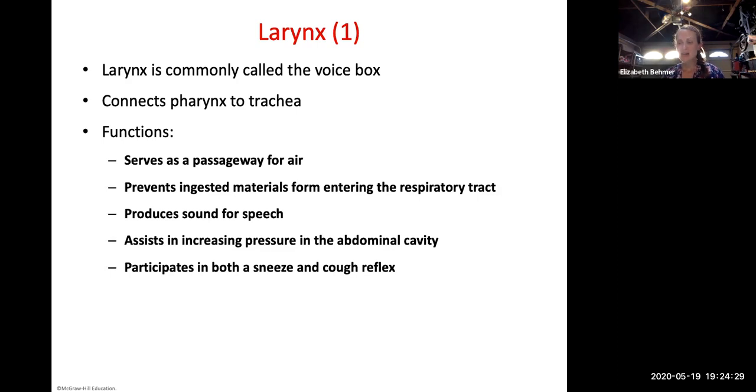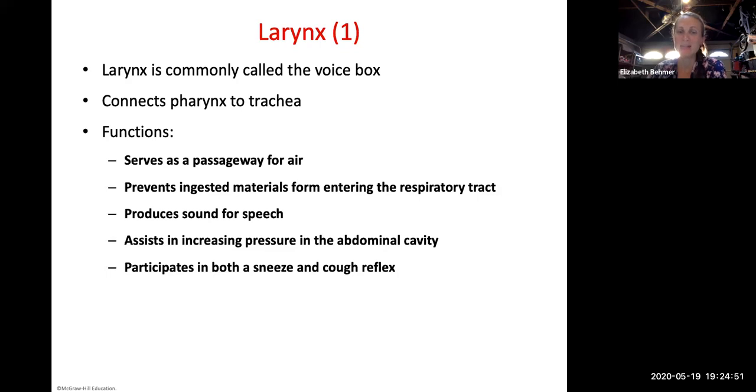I give you 5 functions and some space to write them down. It serves as a passageway for air going into your lungs. It prevents ingested materials from entering your respiratory tract with the epiglottis. It produces sound for speech with the vocal cords, which will open and close.